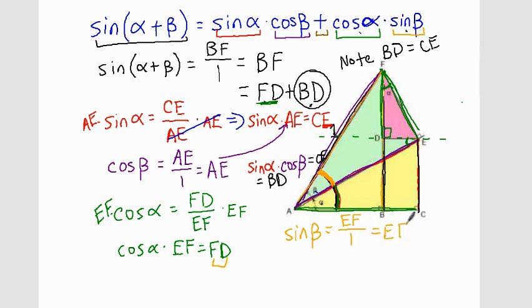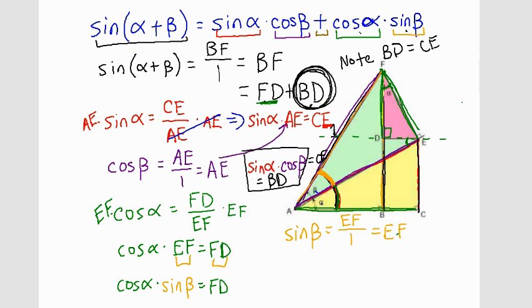And did I say I needed to work it into FD? I really meant I need to work it into EF. That's my mistake. So now that I've done that, I get cosine alpha times sine beta equals FD.